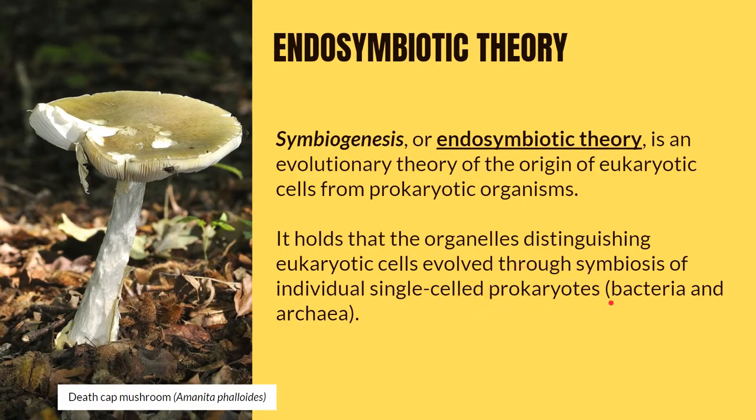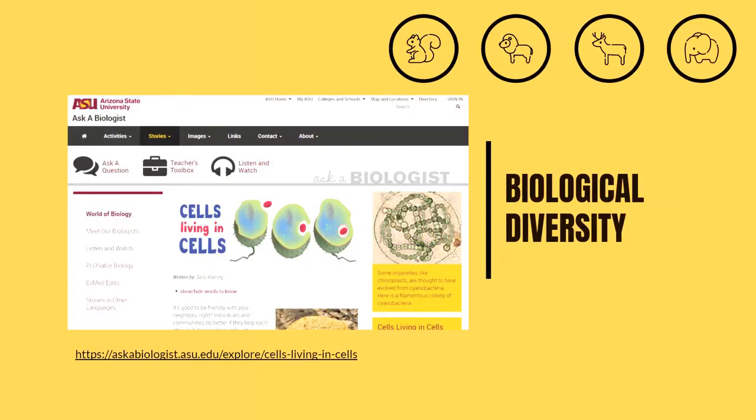By the way, this is an image of a death cap mushroom, quite a poisonous mushroom, with the scientific name Amanita phalloides. You can also visit Arizona State University's Ask a Biologist page about the endosymbiotic theory. I'll provide the link in the description below.